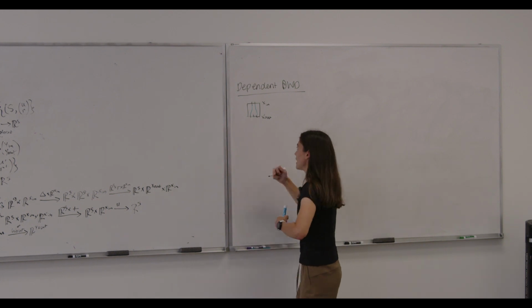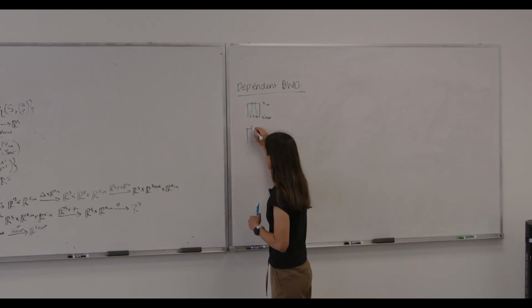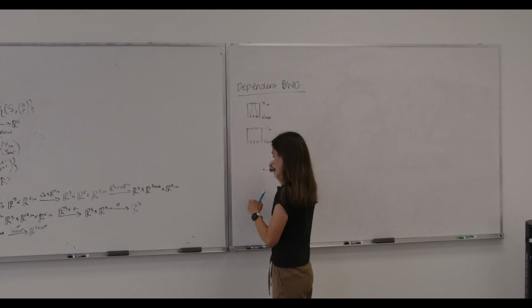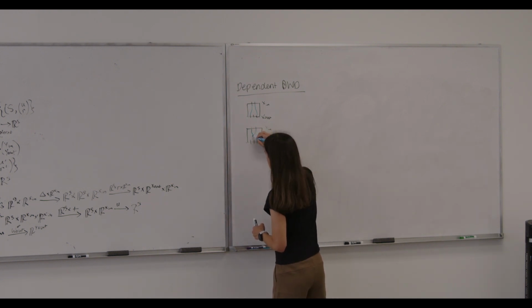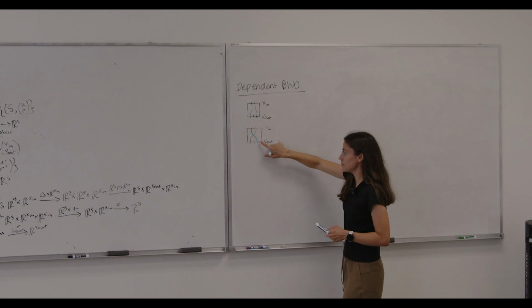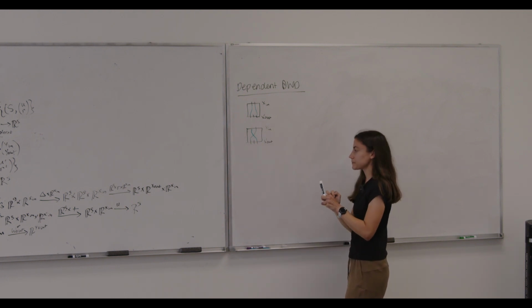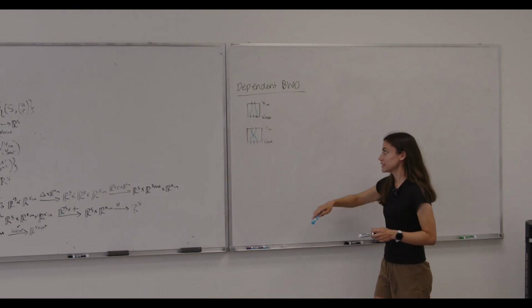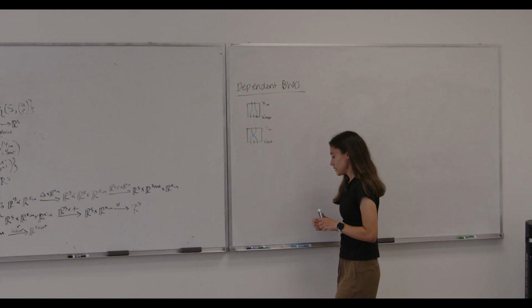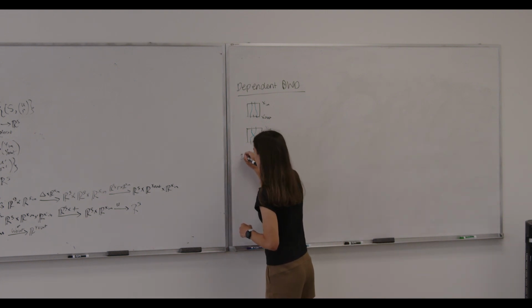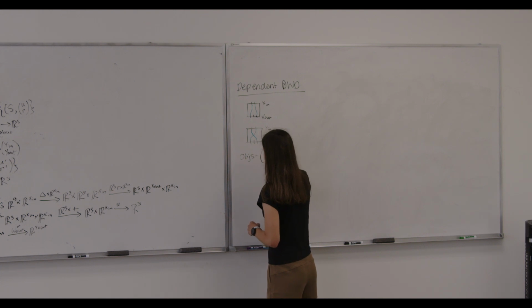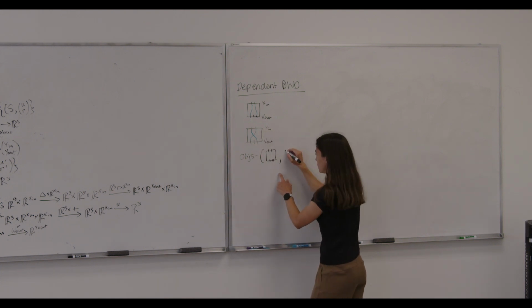But I can also have something like this, which is a different dependency. Now this output depends on this input, and this output depends on this input. And so we want to distinguish these two. So what we want to do is have objects that look like this.